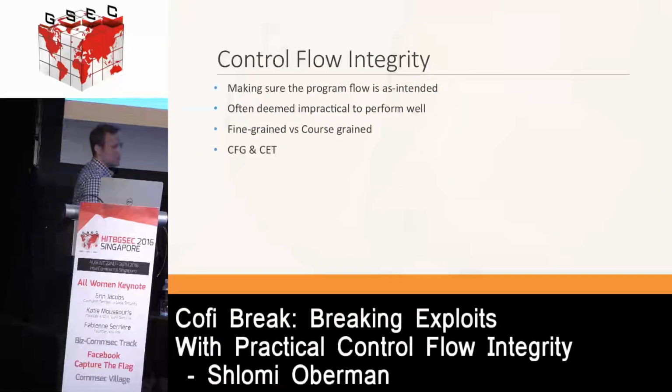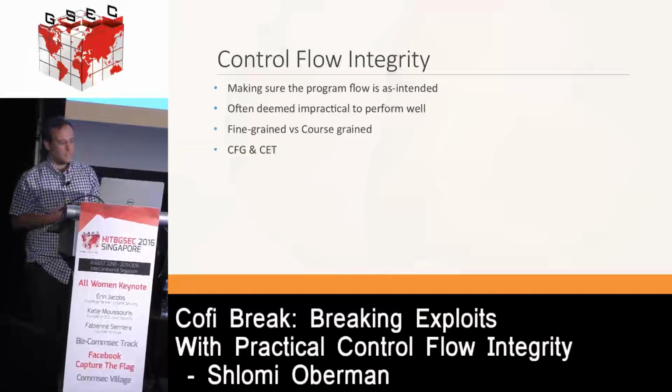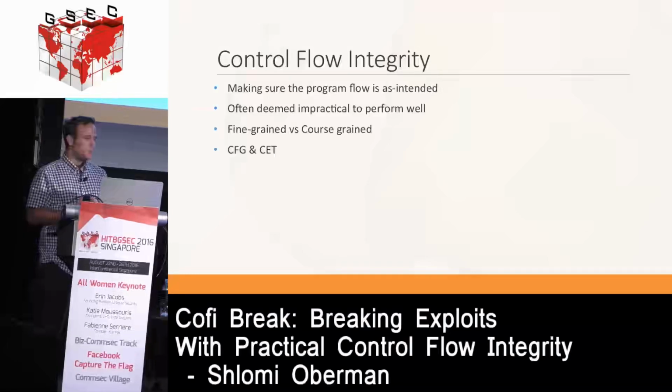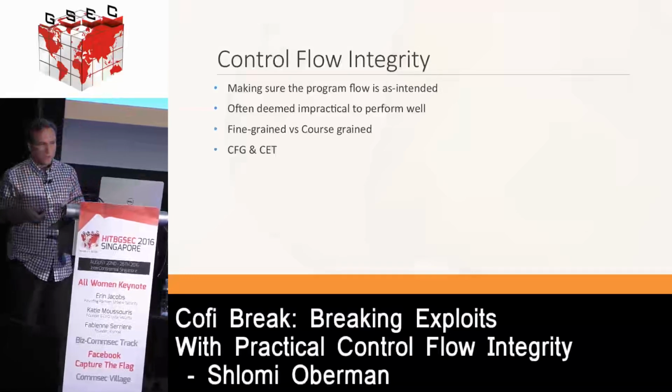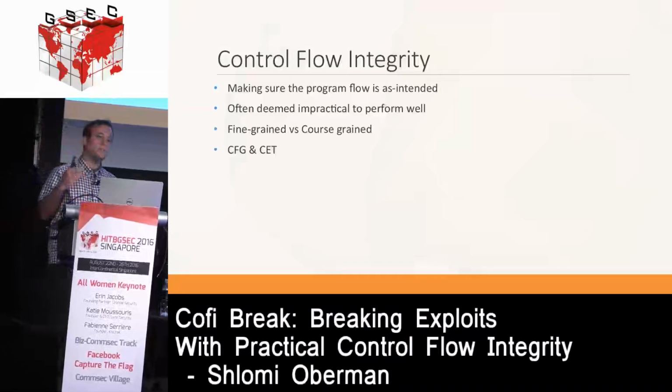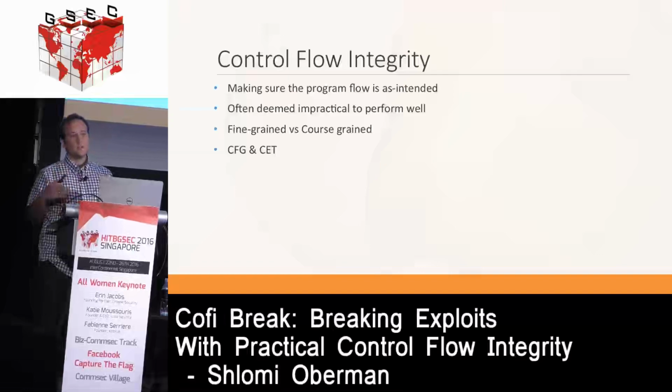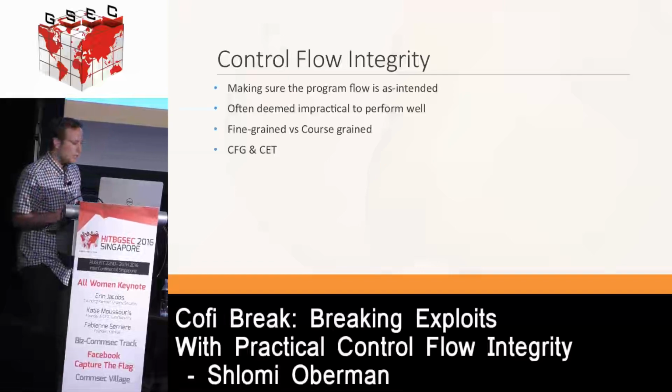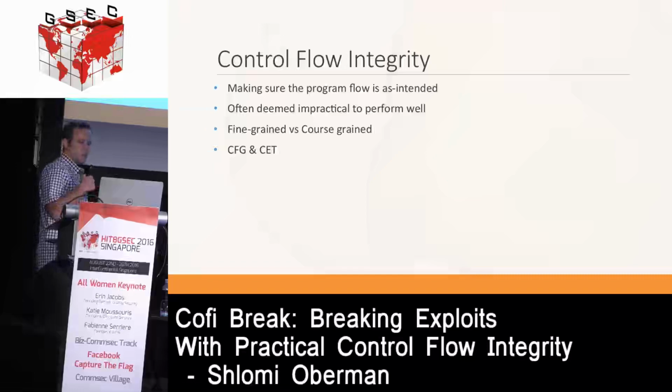So, what is control flow integrity? Very simply, control flow integrity means making sure the program flows as intended. This is something that has been talked about a lot, but often deemed impractical. It's deemed impractical because existing ways to do this have either been compiler-based, right, intervention in the compilation toolchain, or dynamic binary instrumentation-based.